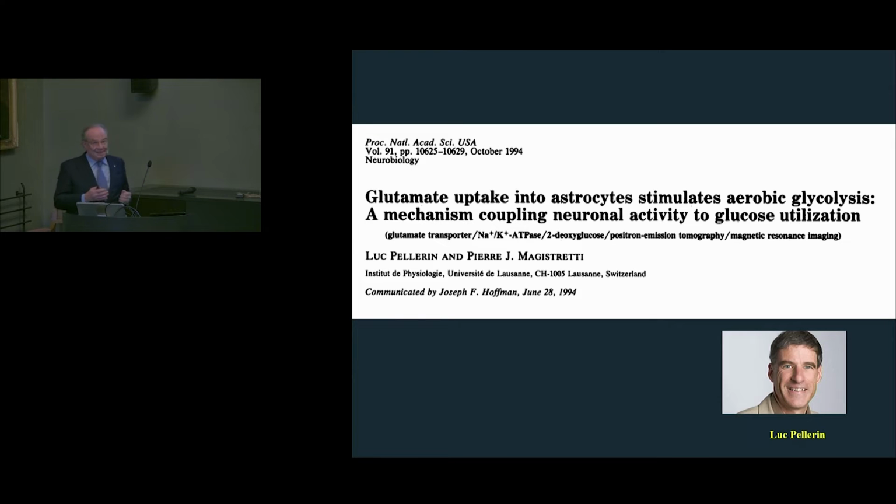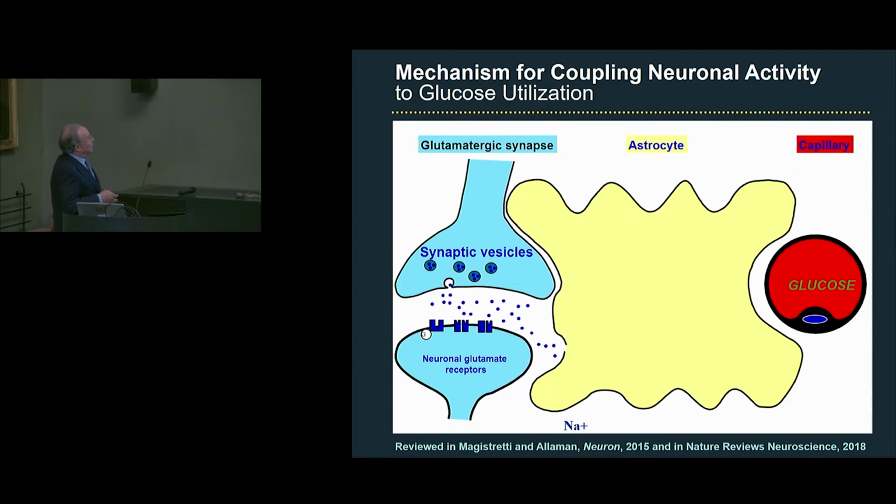And lactate, as Linda alluded to, was long considered bad, garbage, because it is associated with hypoxia or ischemia. But in the presence of oxygen, as I will show you, it is a very important energy substrate and signal for neurons. So we proposed this mechanism to couple glutamate-mediated synaptic activity.